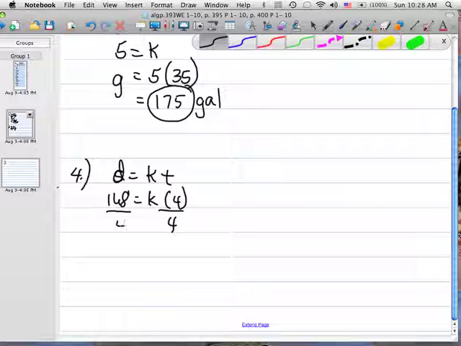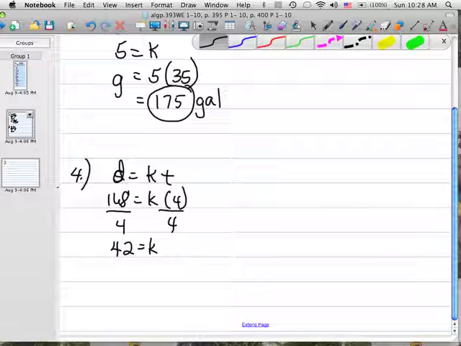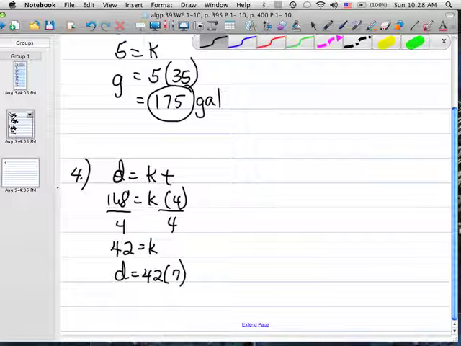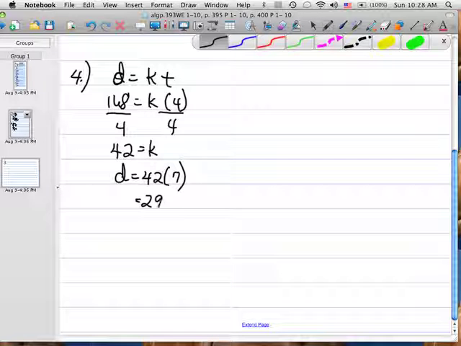Divide both sides by 4. 4 goes into 168 42 times. So our constant of proportionality is 42. So they want to know how far it will travel in 7 hours. So D equals 42 times 7, and that would give us 294 miles.